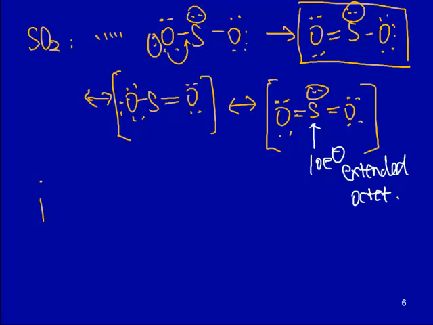The SO4 2 minus. This is a polyatomic ion, and you can finish it up at home.